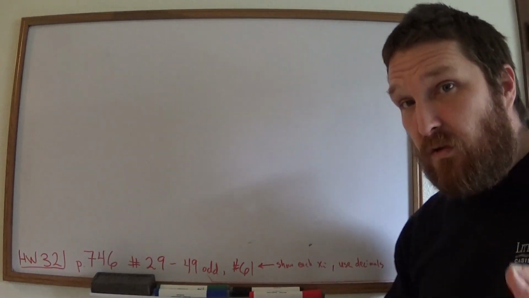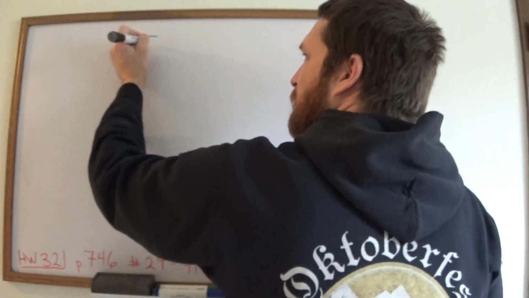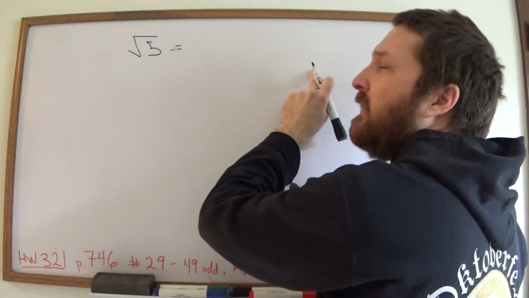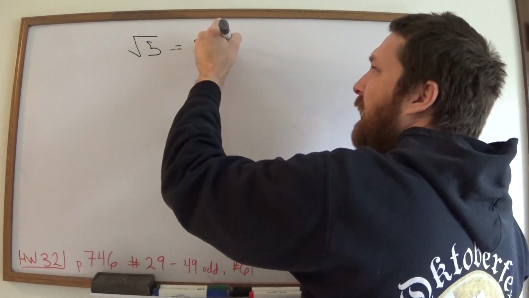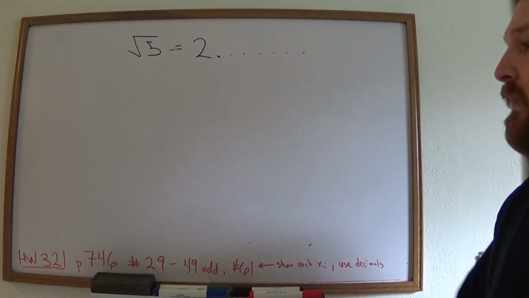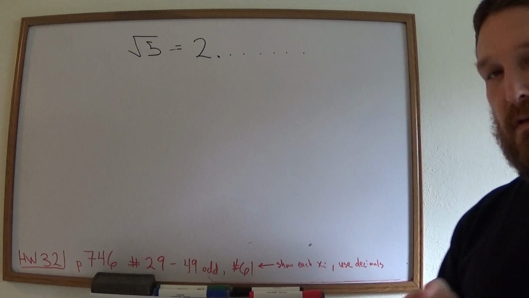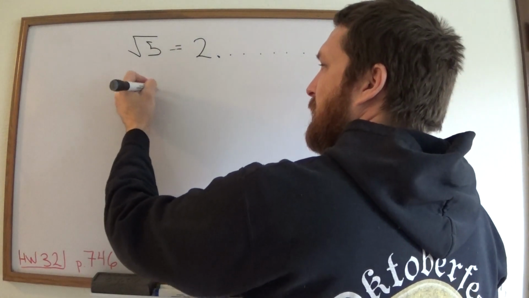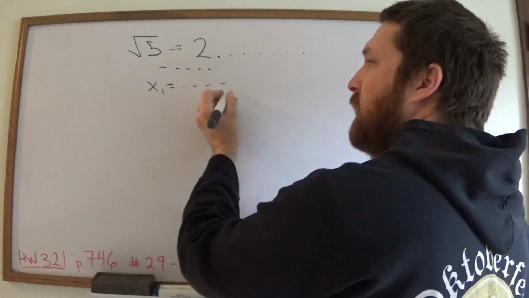What I want to see on your page is that you write square root of 5 equals, and then use your calculator to get a bunch of decimals here. It's going to be 2 point something, but write a whole bunch of decimals there. Then do your work, and show each x_i. You're coming up with a sequence for x. I want to see x1 equals some stuff.